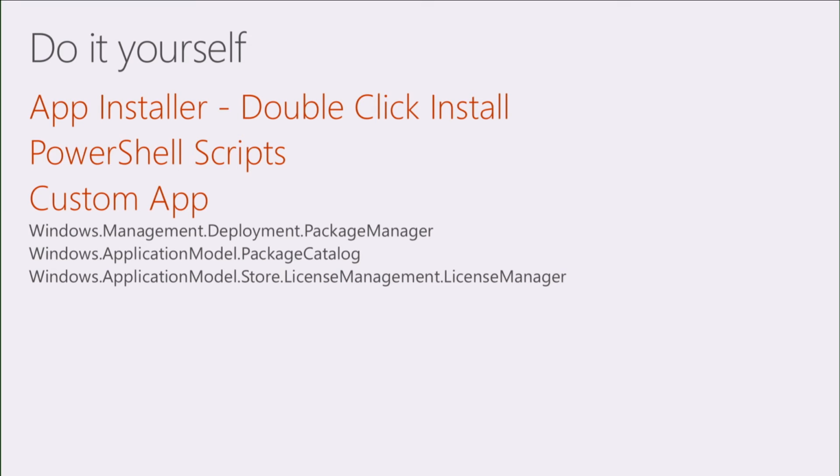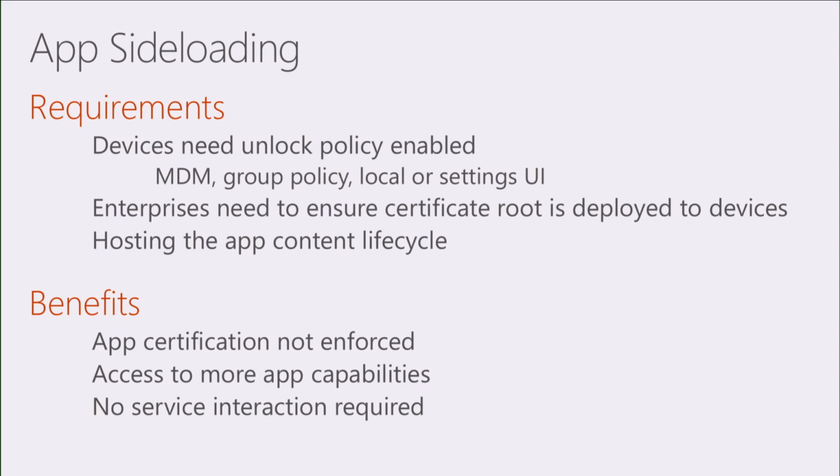So if you were to go to MSDN, you could see these APIs that I would use to write something like a company portal app or that little app explorer that I just had. There is one interesting thing about side-loaded apps. The Windows Store does a great job of having rules with respect to what applications are allowed to do, in addition to the technical sandboxing we have with App Container.